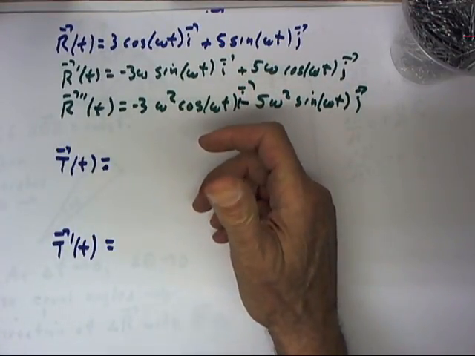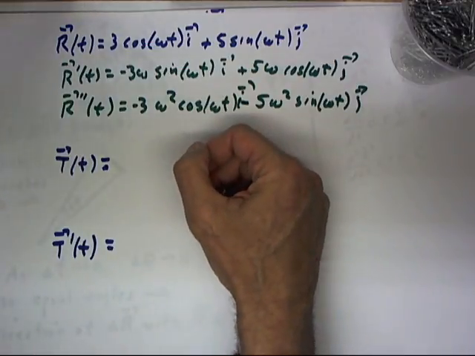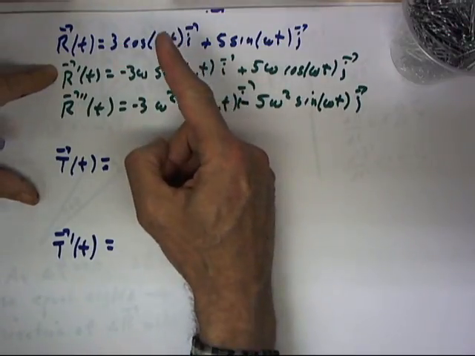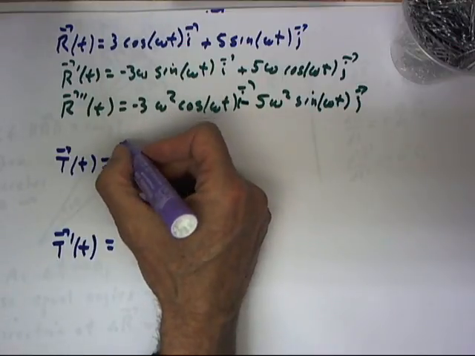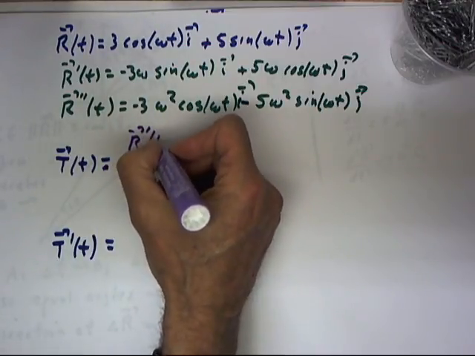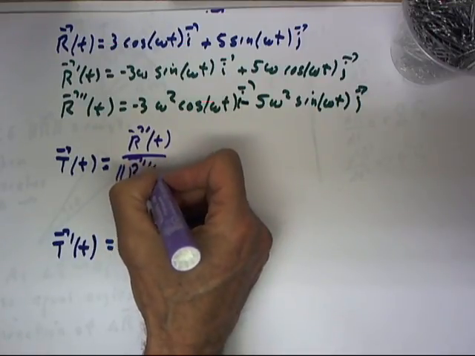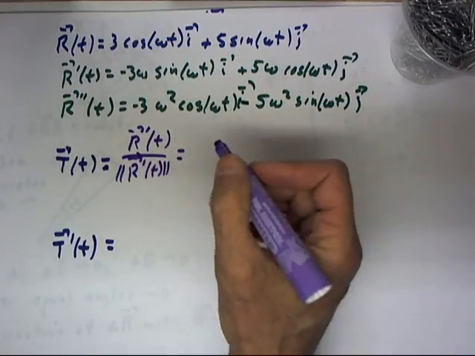Our unit tangent vector that we defined previously, which is just a vector in the direction of r prime of t, in the direction of our velocity, but it's got to be a unit vector, so that's just r prime of t divided by the magnitude of r prime of t. And what's that equal?